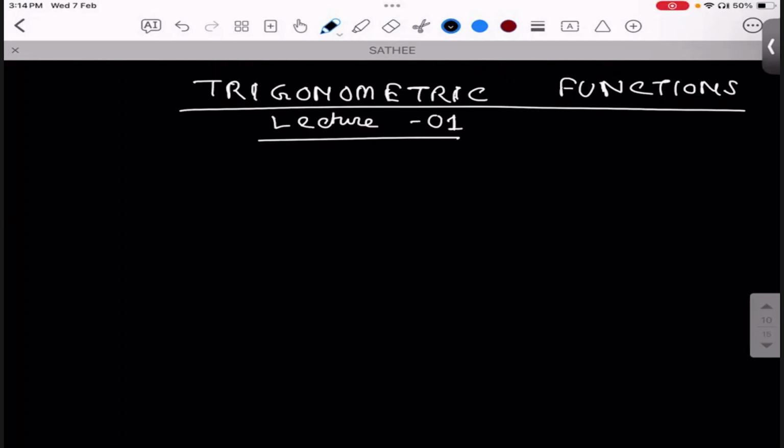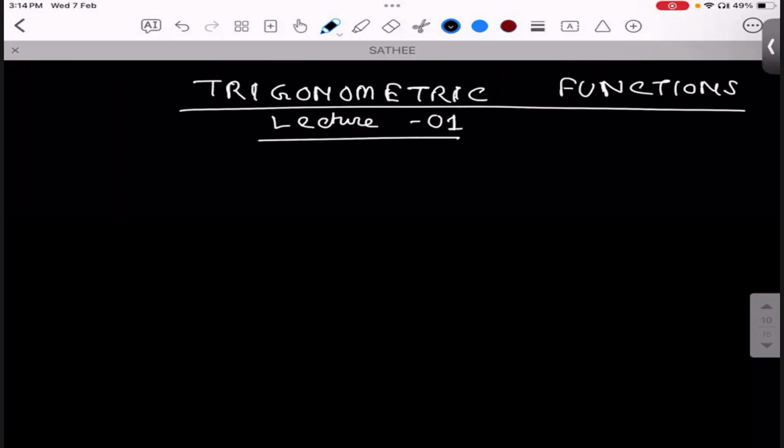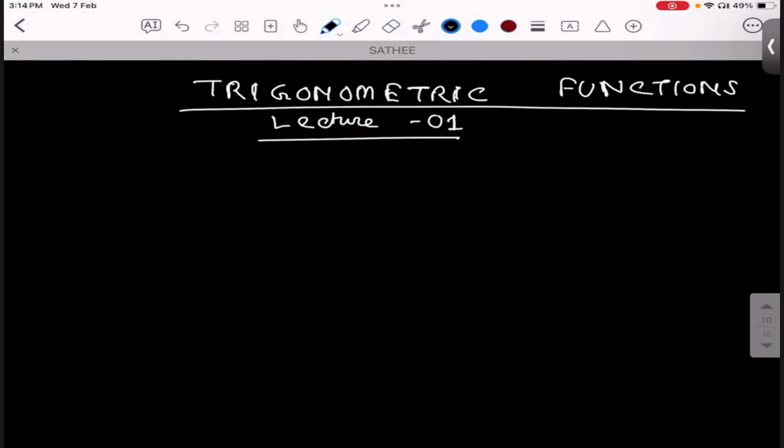It is very much useful. Before we go to the trigonometric function, the first concept we need to know is what is an angle.